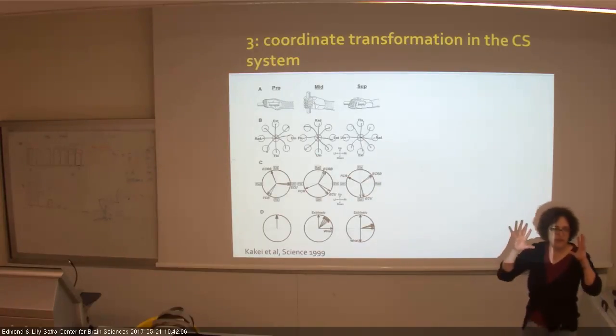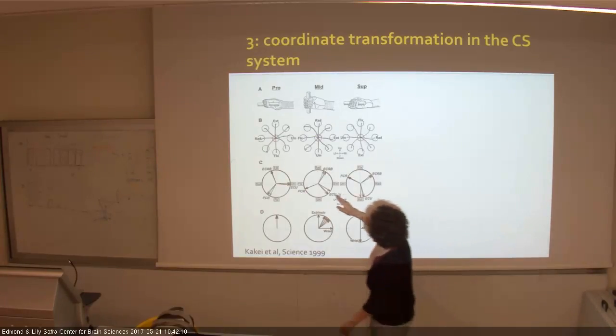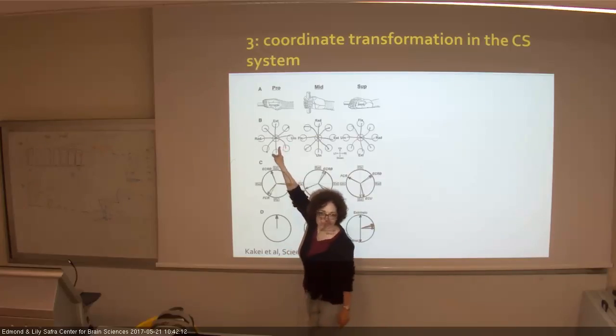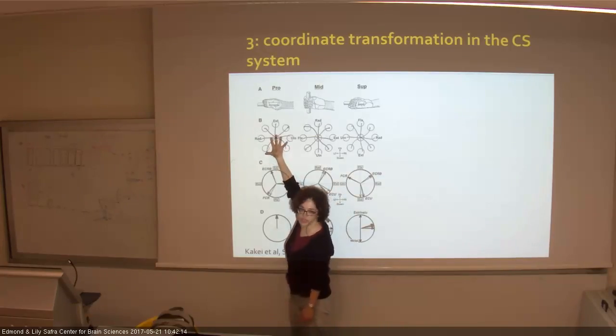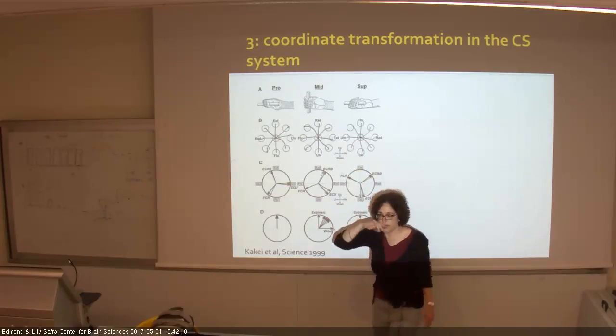But now we can do something very simple, right? We can measure the tuning curves of cells in pronation and in supination trials. Let's forget about the mid position because it only complicates things.